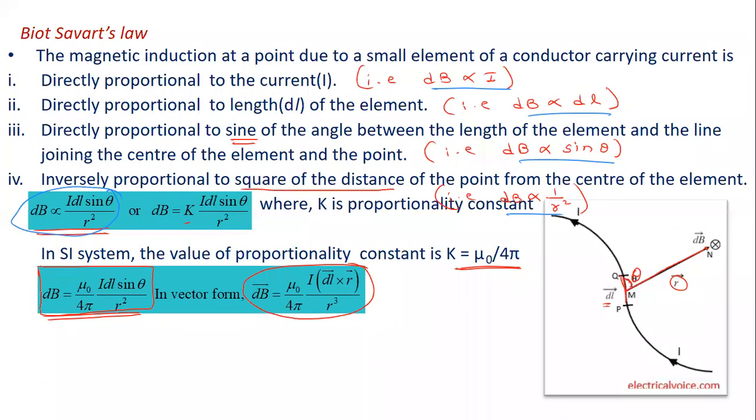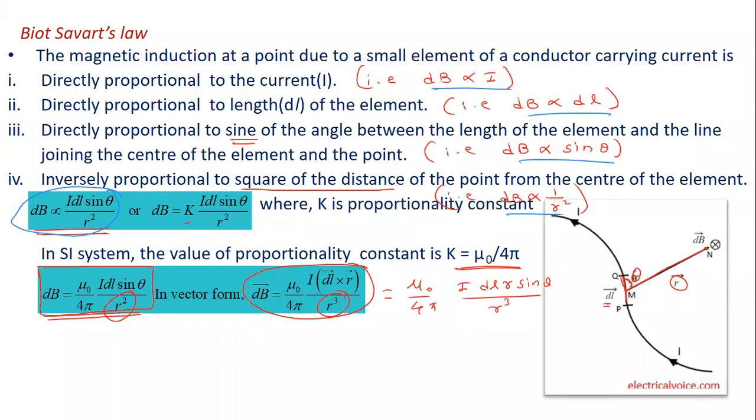Now here, the difference is in magnitude, it is r square and here r cube. How is it? Let me explain. If we elaborate this, then we get mu 0 upon 4 pi I dl bar cross r bar. dl bar cross r bar is dl into r into sine theta, divided by this r cube.